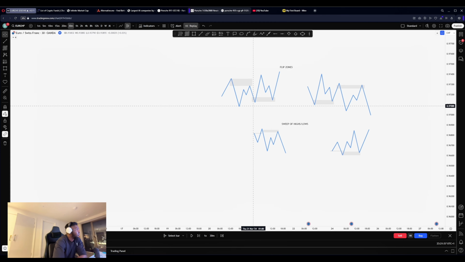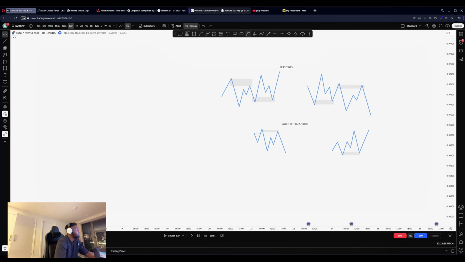So this first instance here is my supply to demand flip, meaning there was an order block here that was tapped into, gave a reaction, then the reaction broke the highs and basically violated this order block. So you always expect a retest back to the order block that was created here, because there was a break of market structure here.